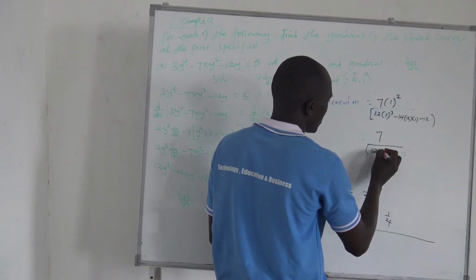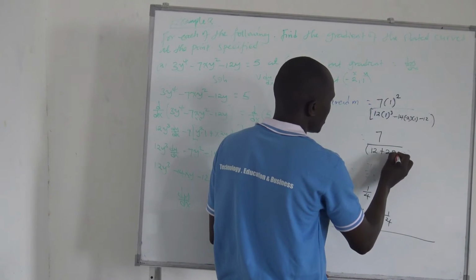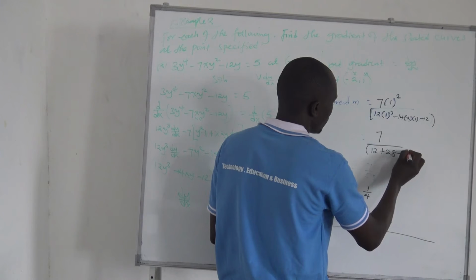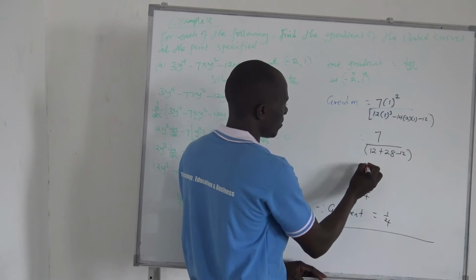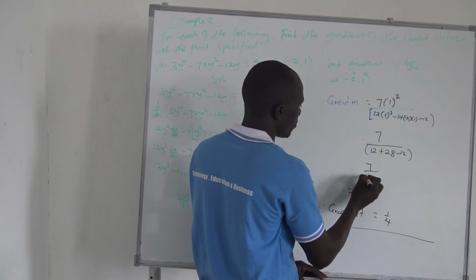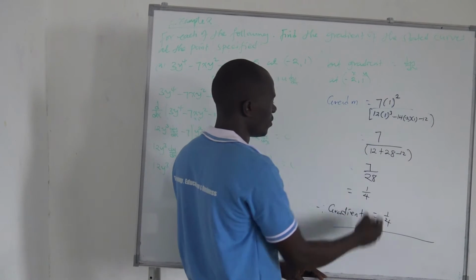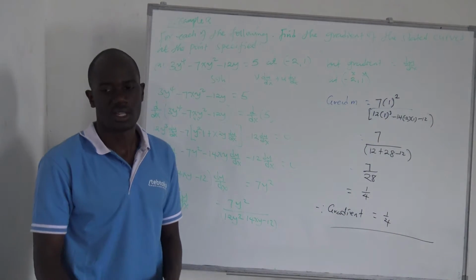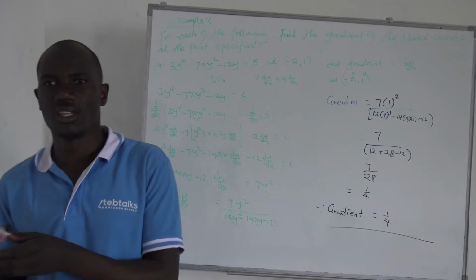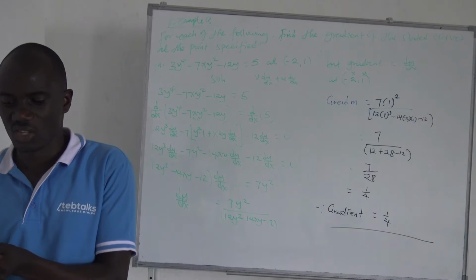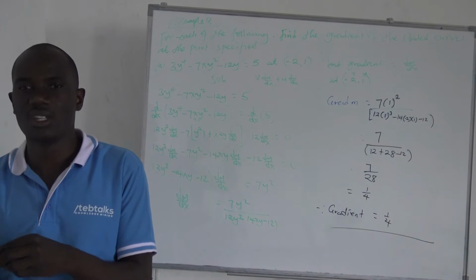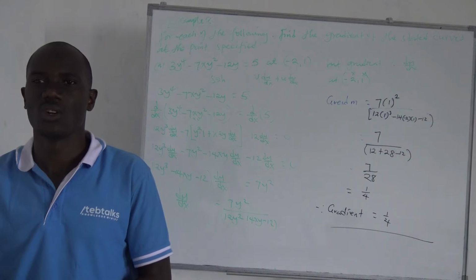The negative times the negative you are getting the positive 28. Then minus 12, 12 disappears. We remain with 7 out of 28. So when you reduce you get a quarter. That's how we can easily get our gradient function on that.